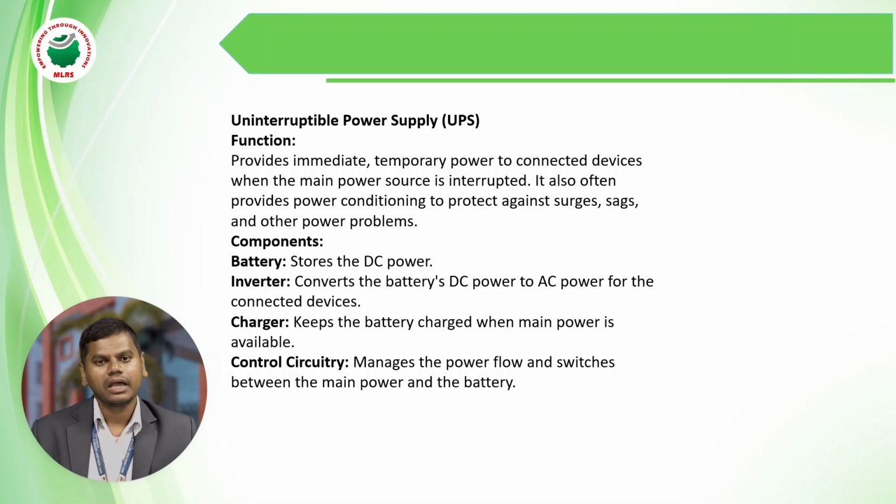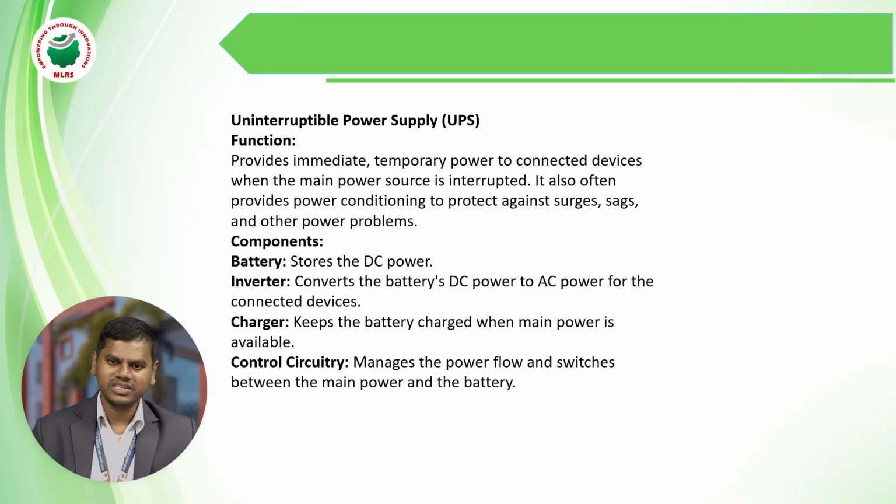Next, the components. The battery stores DC power only, not AC power. Next, the inverter. The inverter is DC to AC: it converts the battery DC power to AC power for the connected devices.